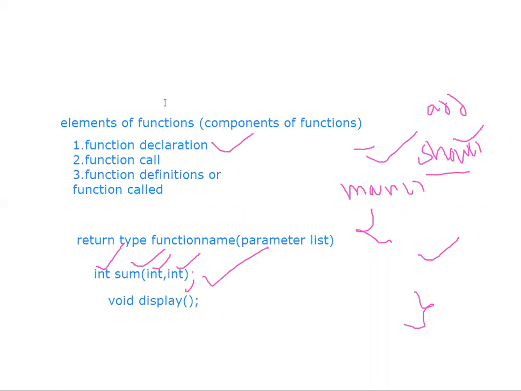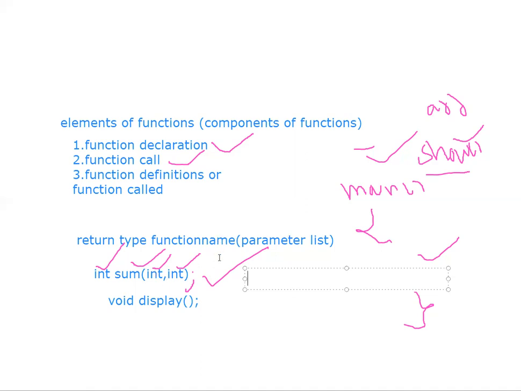Next one is function call. A function call can take place anytime, anywhere in the program. The function call accepts arguments depending on the declaration, like integer type.